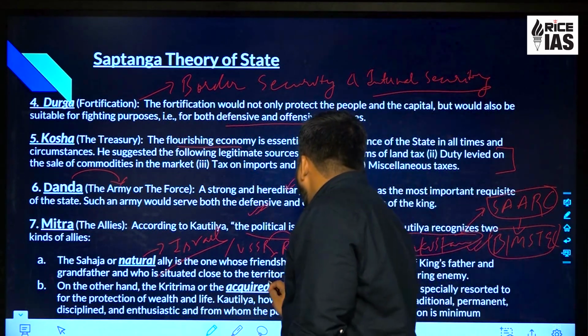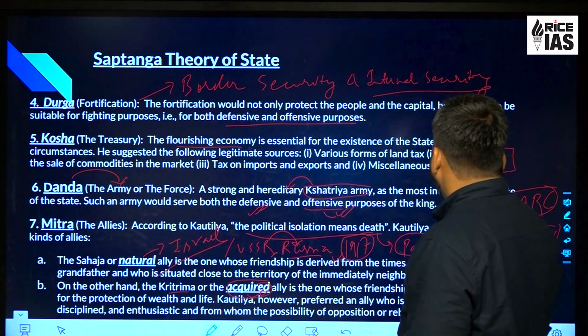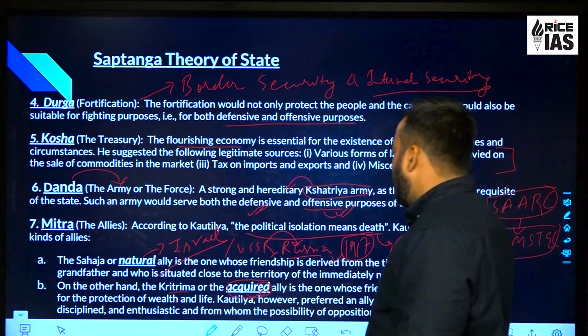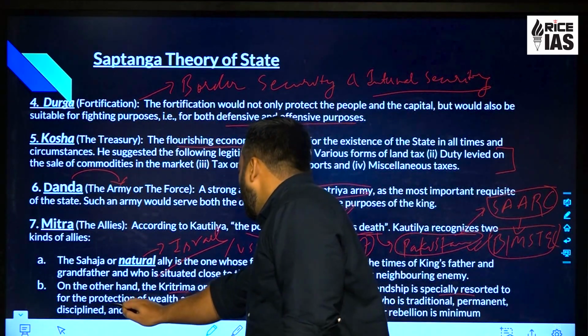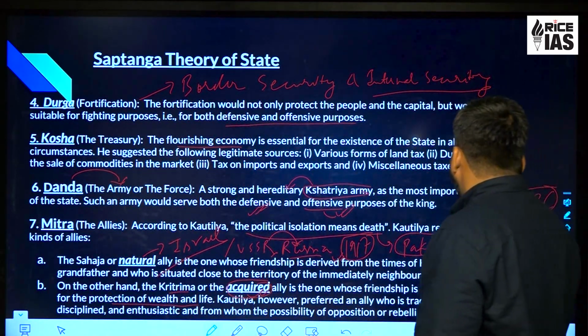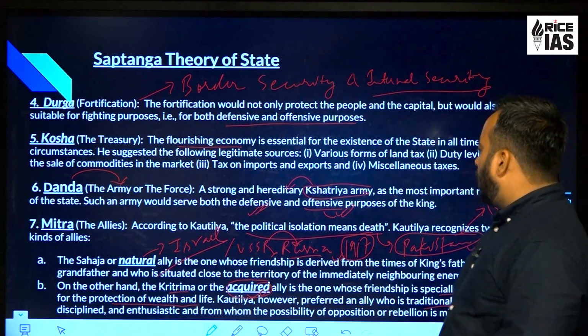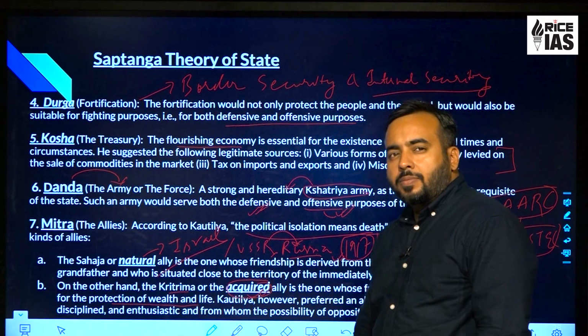The Kritrim or the acquired ally, you can call it artificial also, is especially resorted to during certain times. Traditional permanent ally is much more important than an acquired ally.